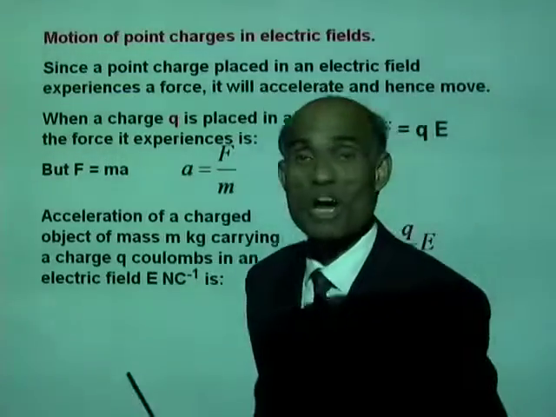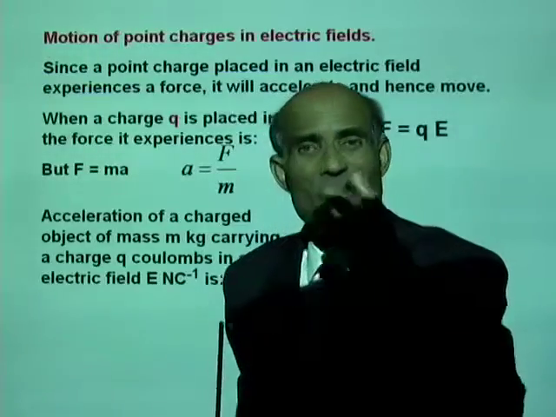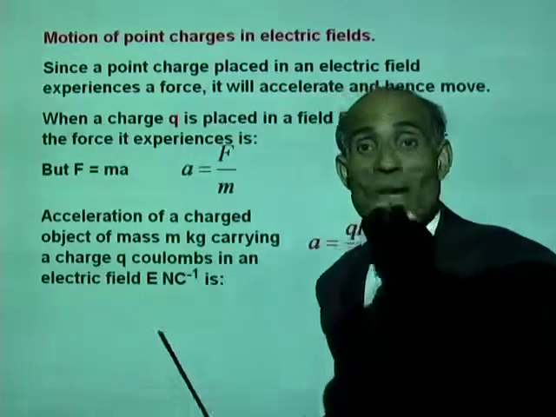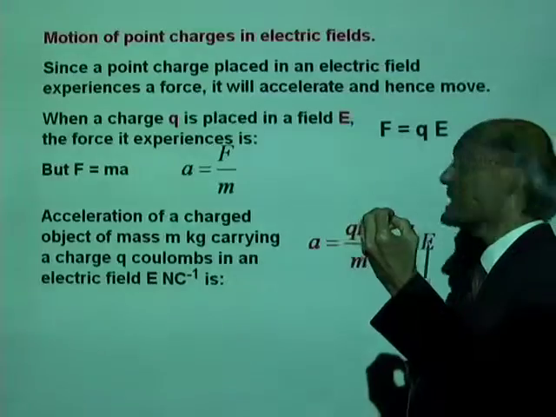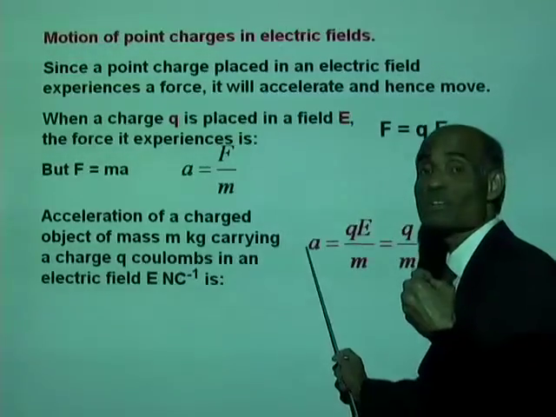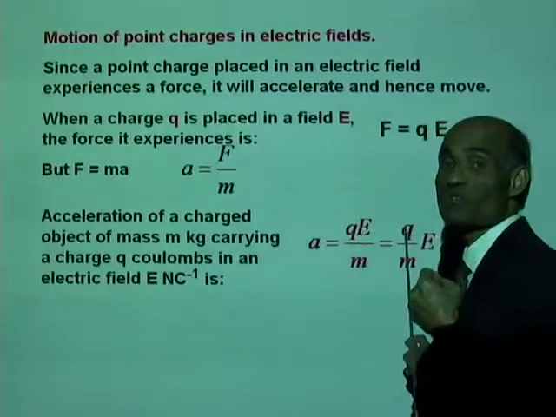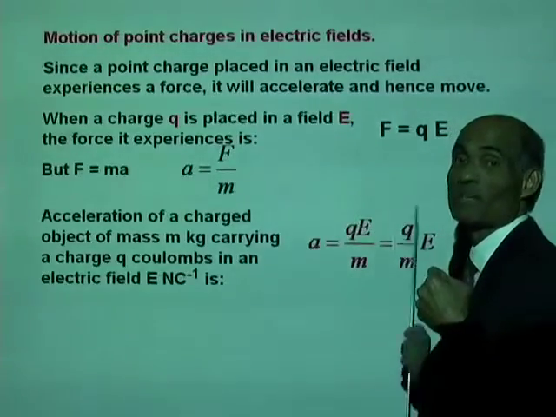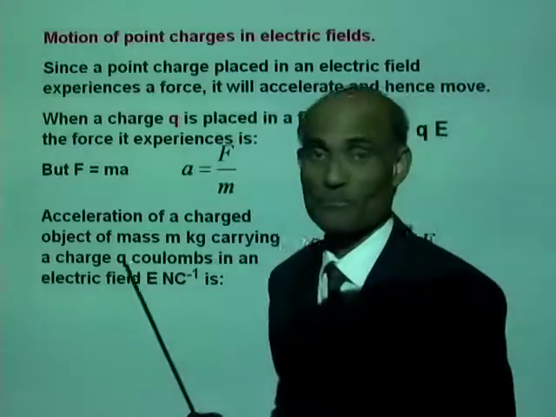When an electric charge Q that has a mass m is placed in an electric field E, it will experience an acceleration, and the acceleration is given by Q over m times E.